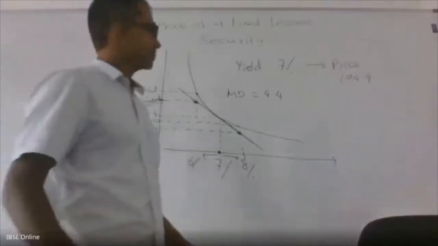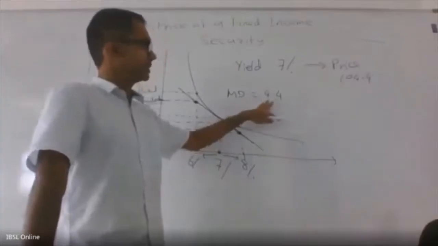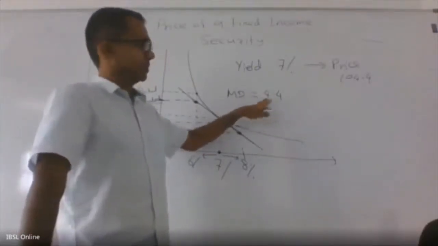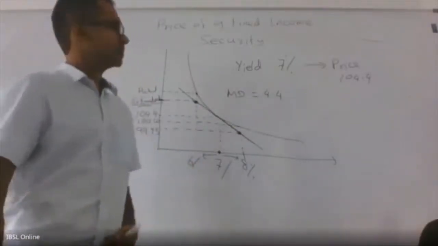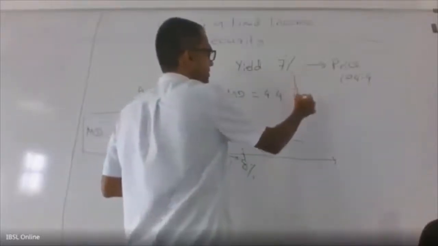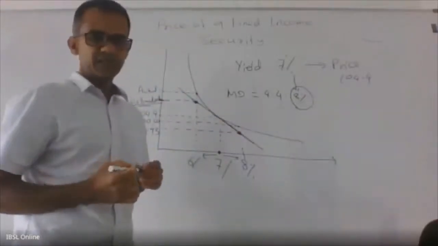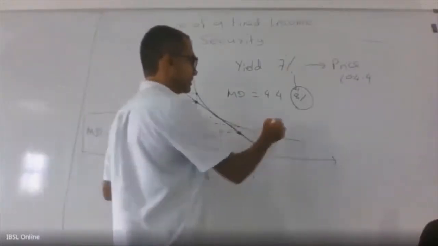So what is modified duration? That is the percentage change of the price for a 1% change in yield. If the yield increases to 8%, that means the yield increases by 1%, what is the percentage change in price?